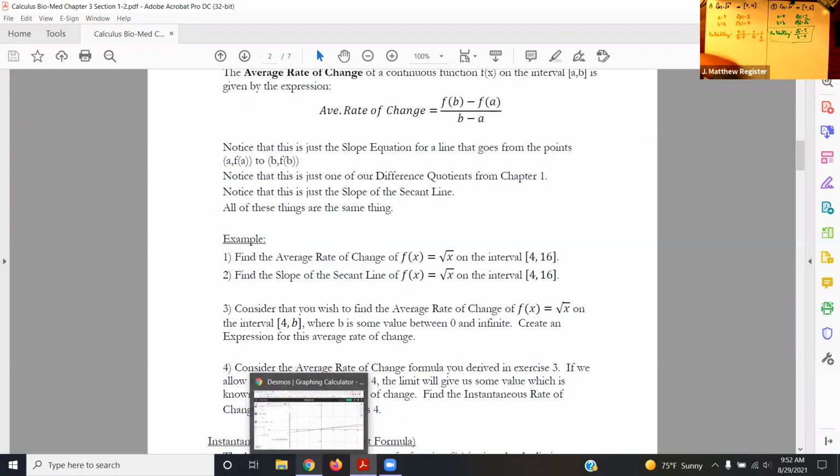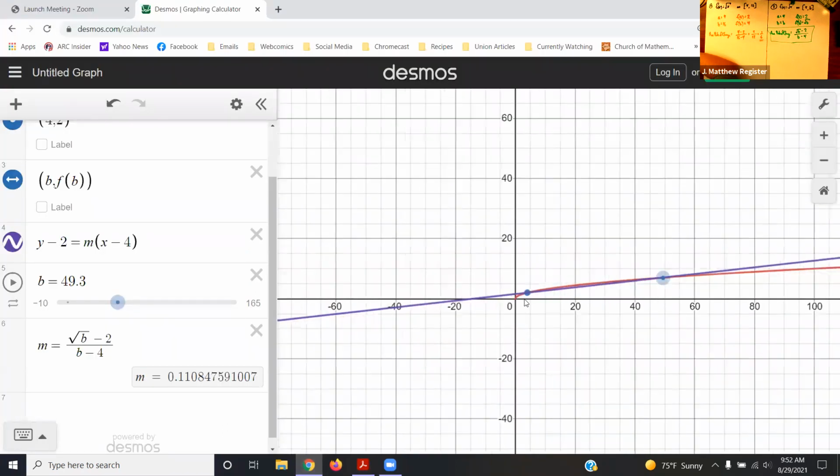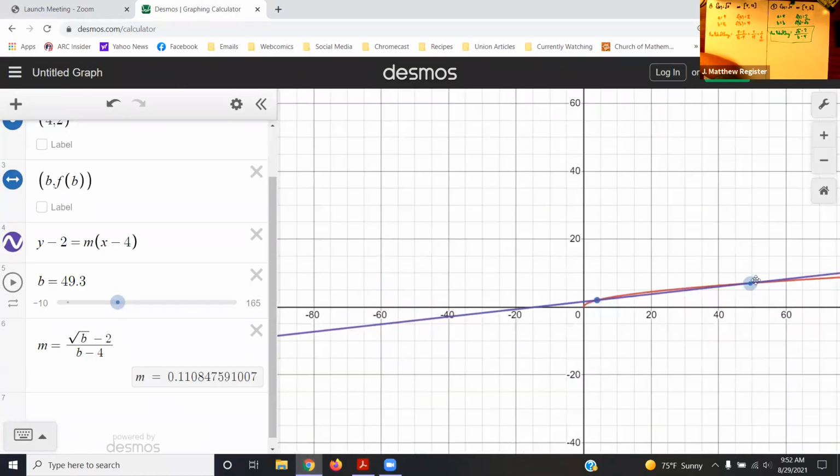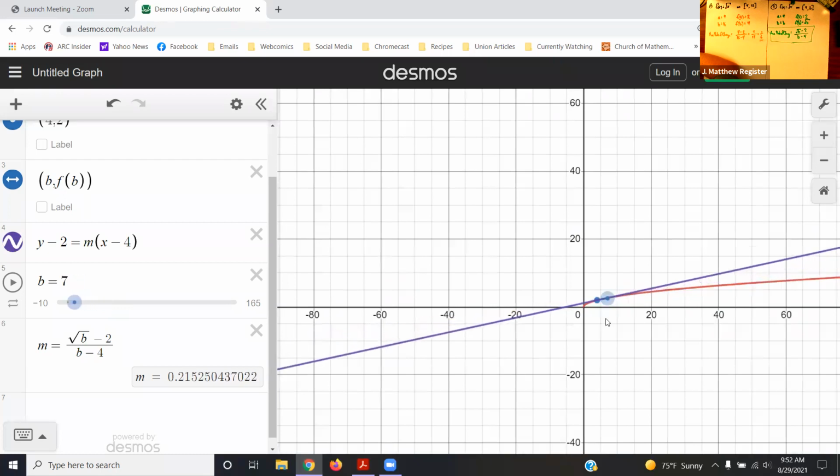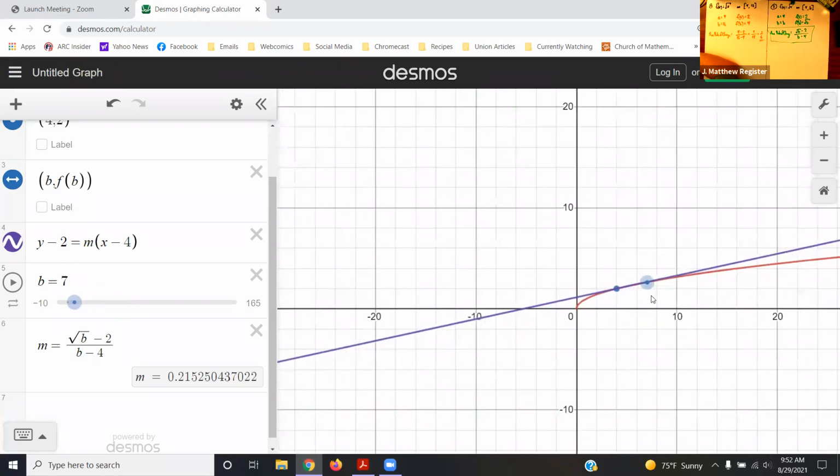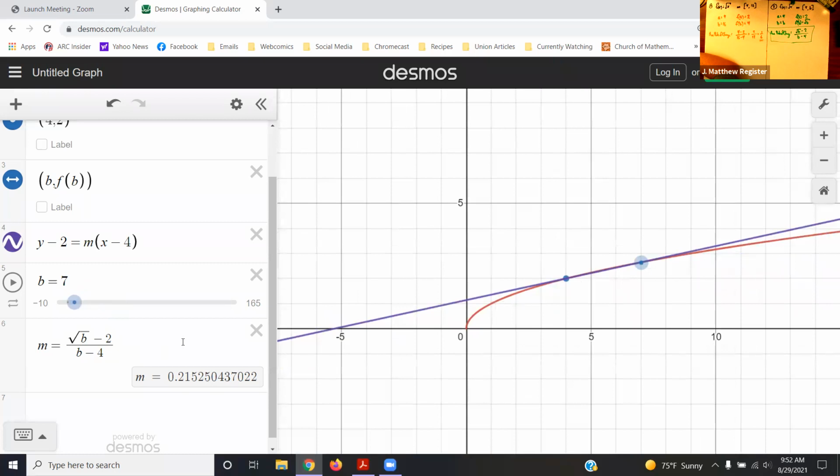And so let's take a look at the visual for this real quick. The visual for this is, what if we let this b value get arbitrarily close to 4? Then what will our slope be? If we just choose it to be exactly 4, notice that it goes undefined because we can't have 4 in the denominator.